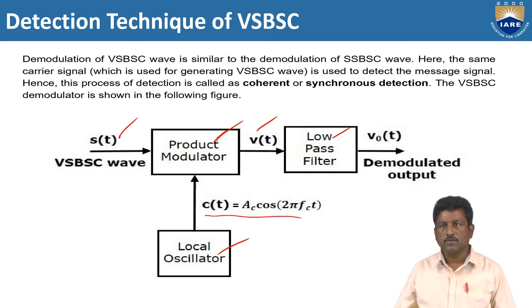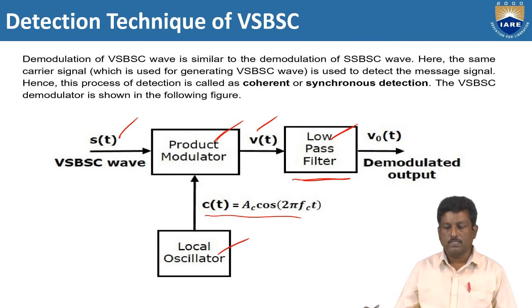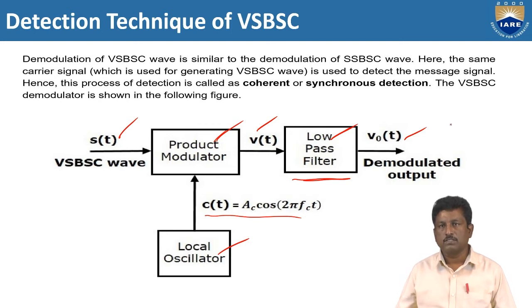So finally we have to allow only the low frequency component, so we arrange a low pass filter as the last component in the detection of VSB. After passing V of t, the output of the product modulator, through the low pass filter, we get the original signal V0 of t, which gives the original modulating signal M of t, originally initiated at the transmit side.